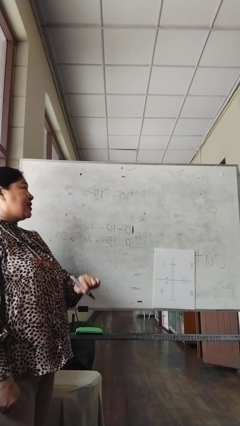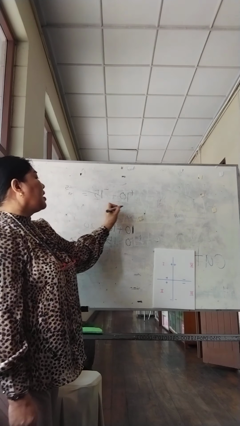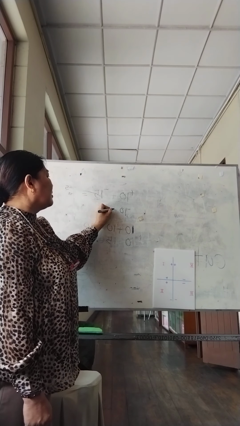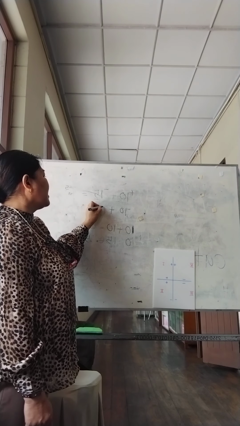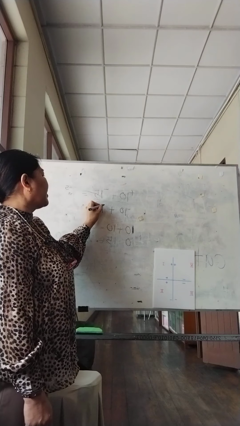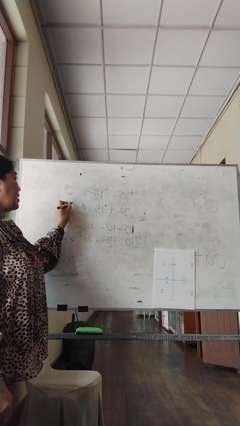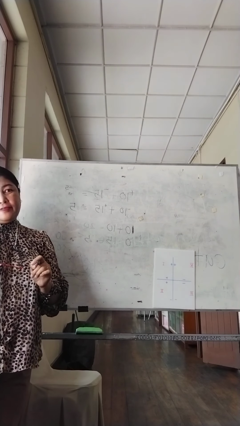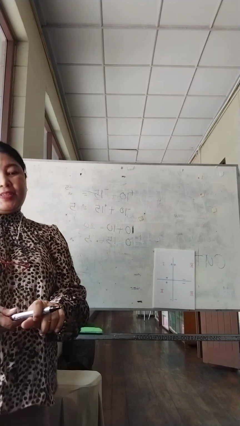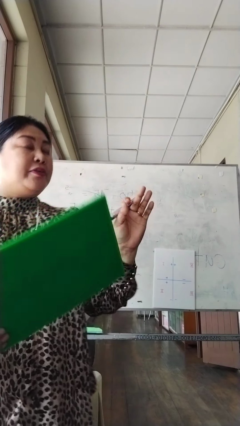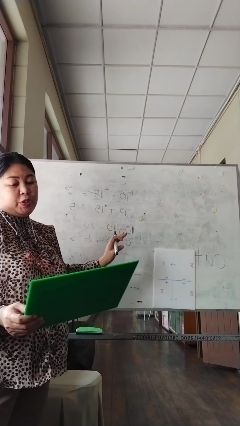If this is negative 10 plus like this, your answer is positive 5. We have our rules. You have to look, don't touch the second term. The first term, sorry, the first term.